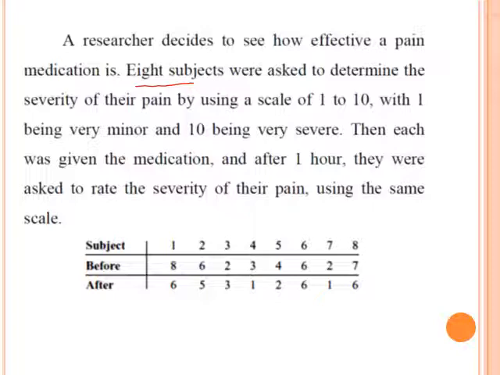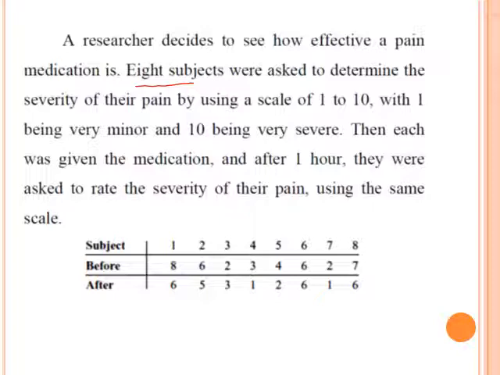Please concentrate. Then each was given the medication, and after 1 hour they were asked again to rate the severity of their pain, using the same scale. This case means that we have a medicine and we want to decide whether it is effective or not.